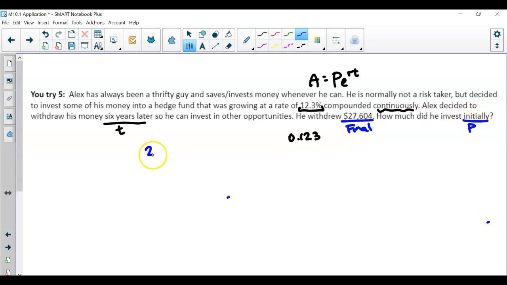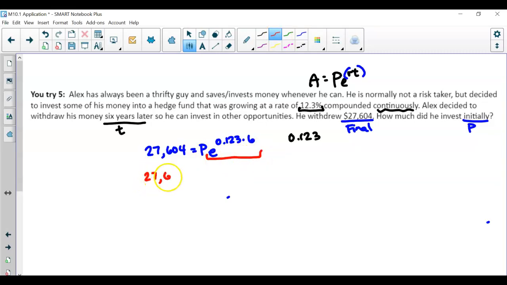So you should have set this up, $27,604 is equal to P times E, our function, but raised to the rate times time power, which is 0.123 times 6 because of our years. So now here, if you notice, we can put our E function in the calculator.